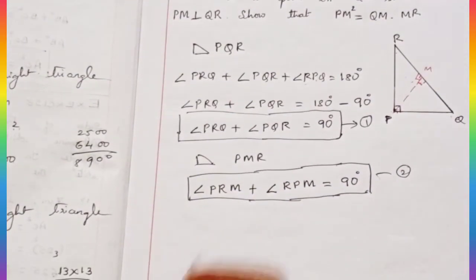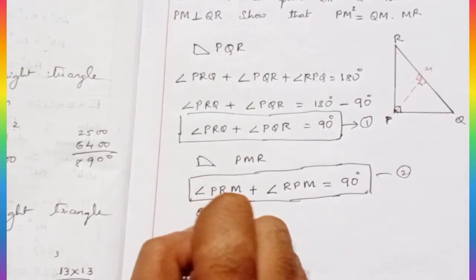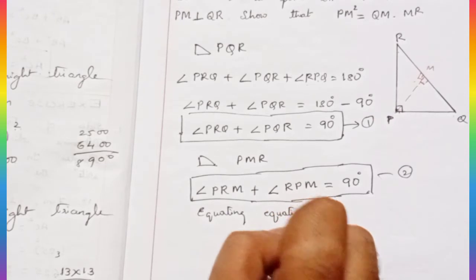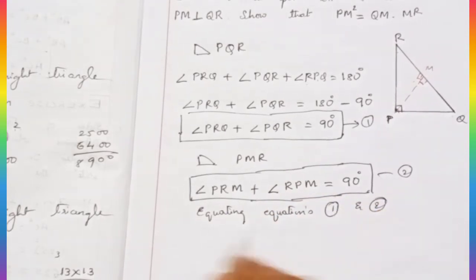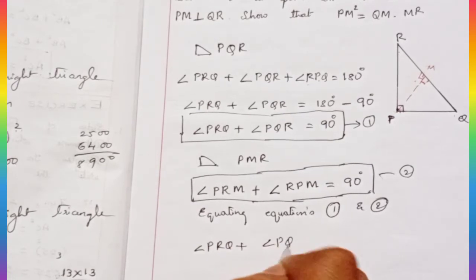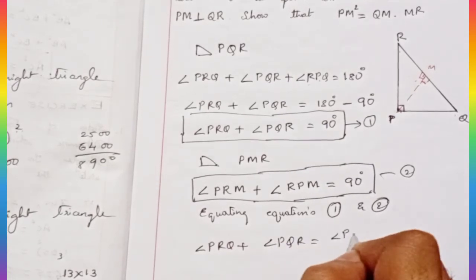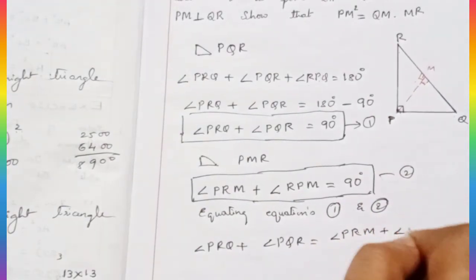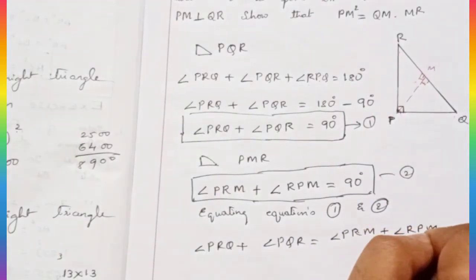If I equate equation 1 and 2, equating equations 1 and 2, I will write on the first one, PRQ plus angle PQR is equal to, instead of writing 90, I can write this, angle PRM plus angle RPM.